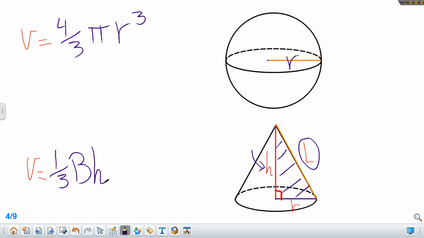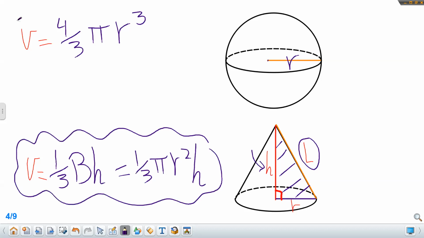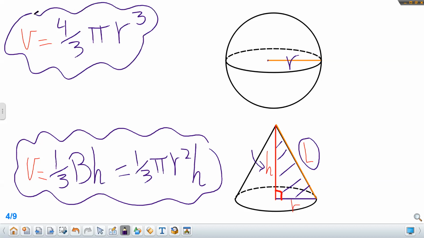So the volume of the cone equals 1 over 3 base area times height, or 1 over 3 pi r square height. So today you will study the volume of the cone and the volume of the sphere. Volume of cone equals 1 over 3 pi r square height, and volume of sphere is 4 over 3 pi r power 3.